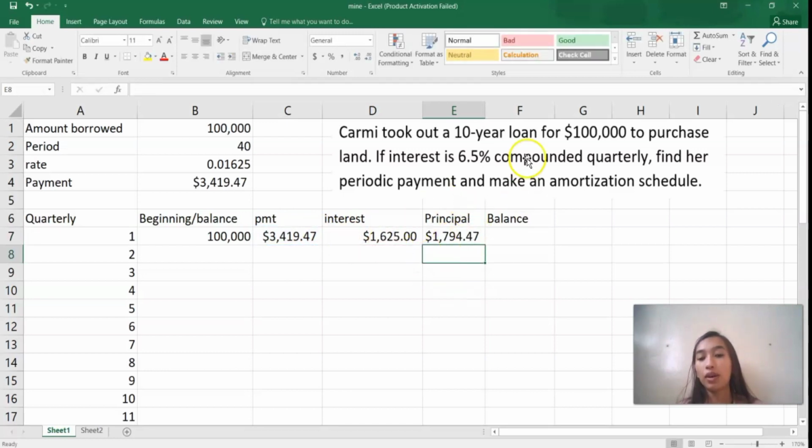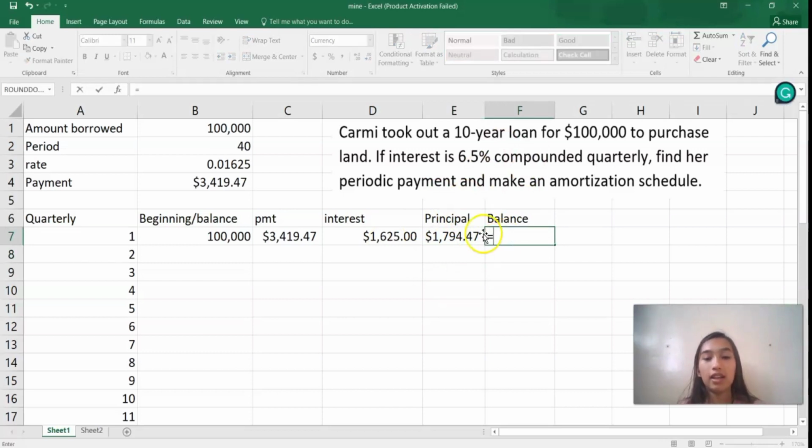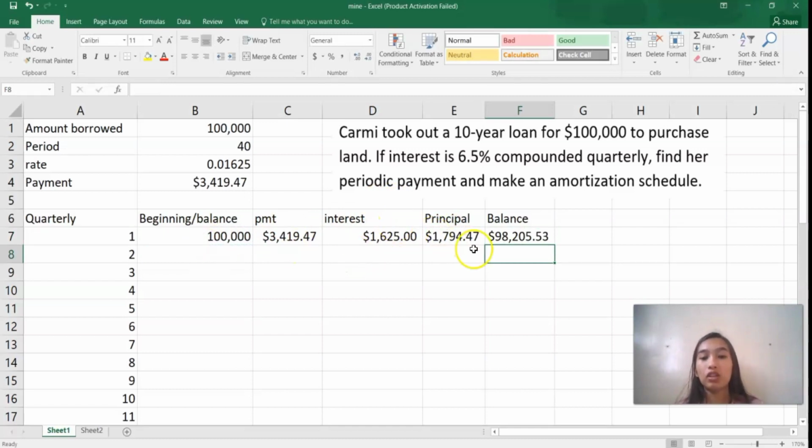This is our principal. And to get the balance, again, we just have to find the difference between the beginning and the principal, and that is our balance. So after the first payment of Carmi, she will have the remaining balance of $98,205.53.